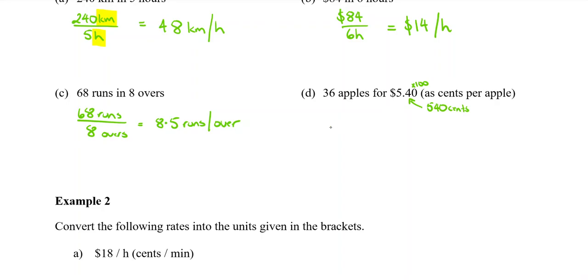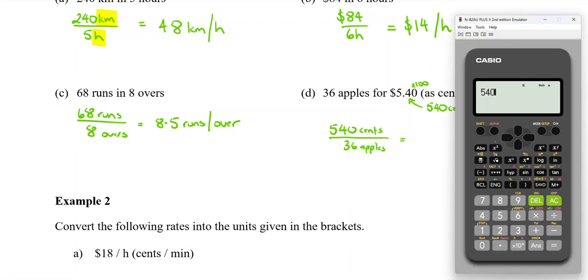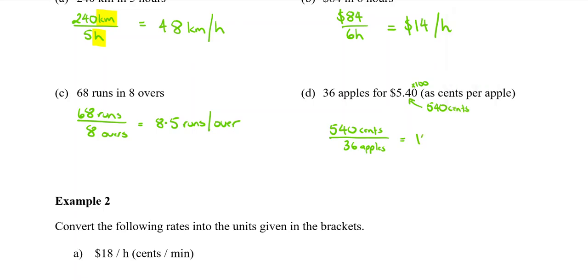Okay, so then we want 540 cents per 36 apples, and then we can divide them. So 540 over 36 is 15 cents per apple.